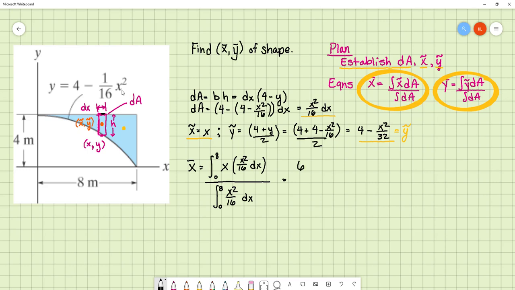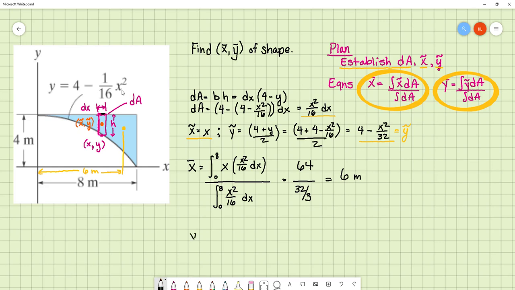We end up with 64 divided by 32 over 3, or 6 meters. So if I come back to my original estimate, I might have drawn it a little bit too far to the right, but we have 6 meters as the x location for the centroid of the overall blue shape.